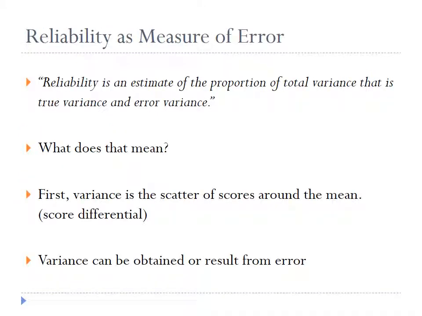The reliability estimate that we compute, this value that we're going to be talking about, is going to represent a proportion of true variance and error variance. True variance is variance that we would expect to occur.